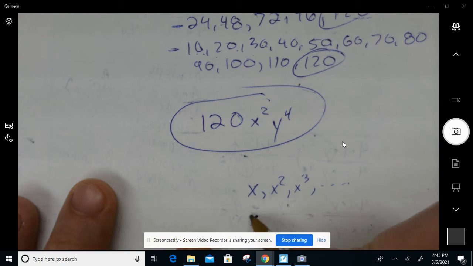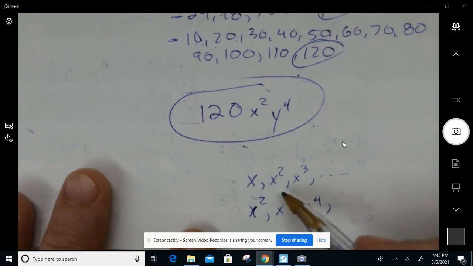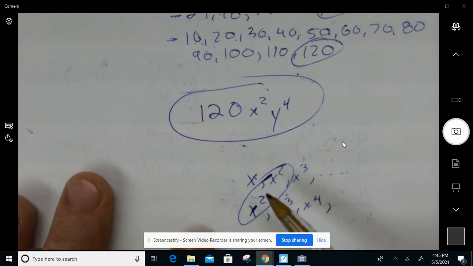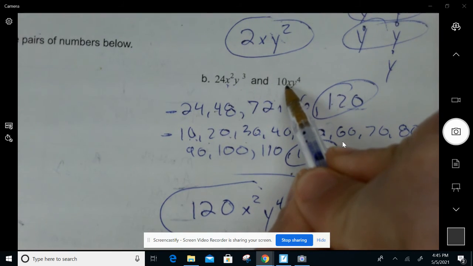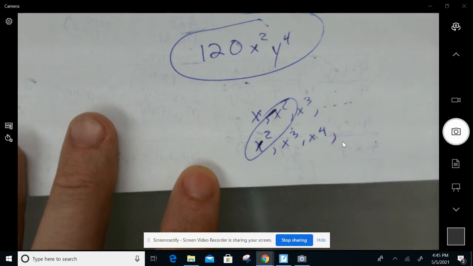Okay? X squared would be x squared, x to the third, x to the fourth. They were in common. It's always the bigger one. The smaller one, the x, will multiply up to meet x squared. It's always the bigger one.